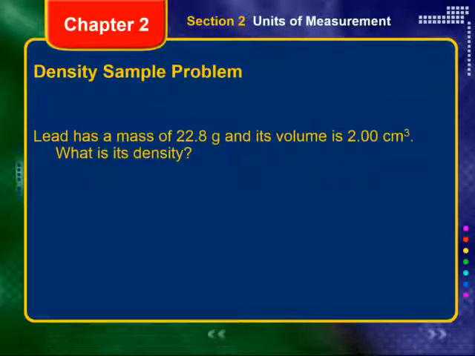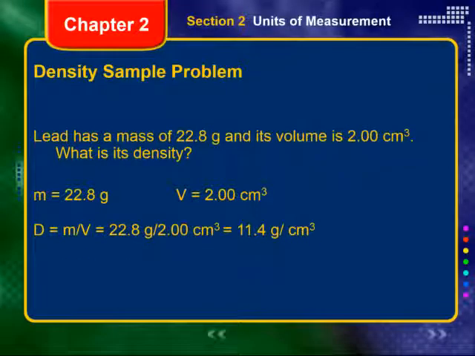So, how are we going to do calculations involving density? Suppose lead has a mass of 22.8 grams, and it has a volume of 2.00 cubic centimeters. What's the density? So we've been given two pieces of information. We've been given mass, and we've been given volume. Now, density is equal to mass divided by volume, right?